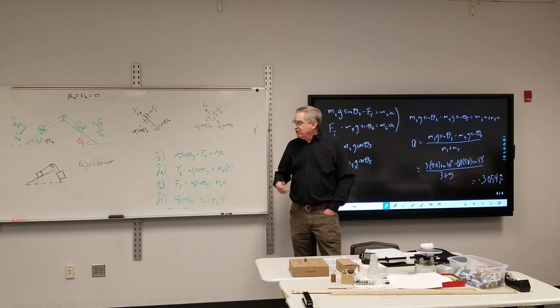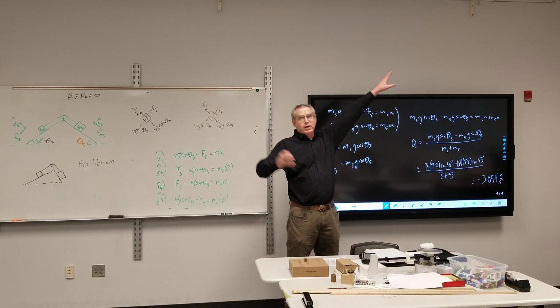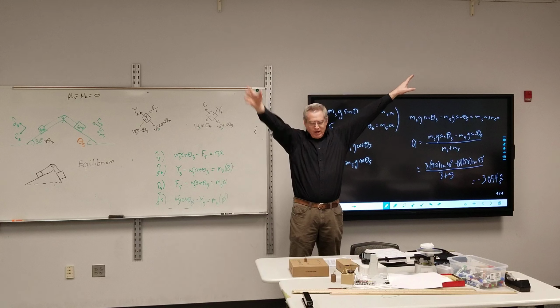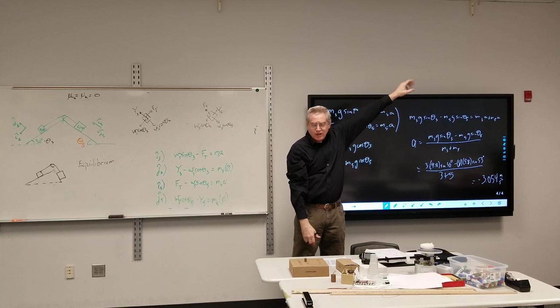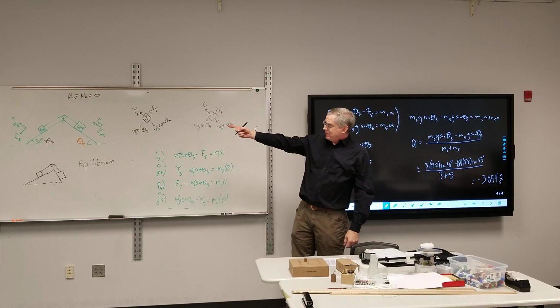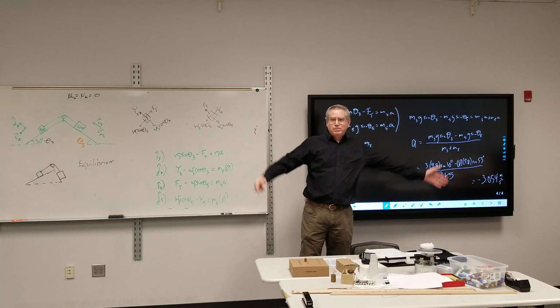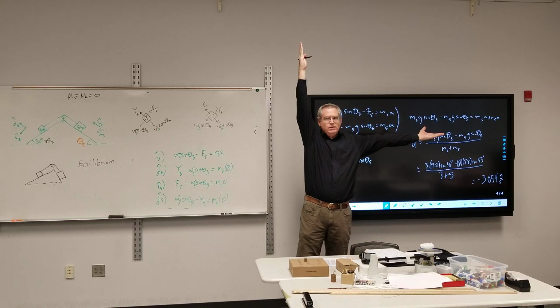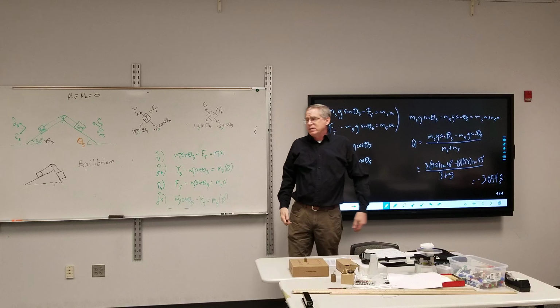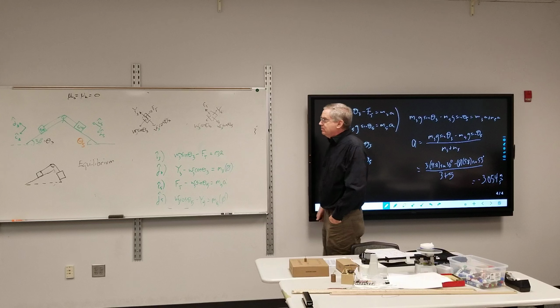For the 3 kilogram mass, I have tension going up this way, normal force this way, and weight going straight down. If we pick our coordinate system the same as before, I only have to break weight up. If I pick this system right here, then I'm breaking up tension and normal force. So the recommendation, stick with the same.